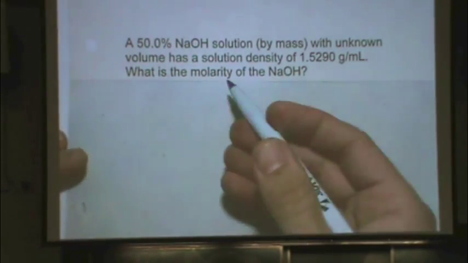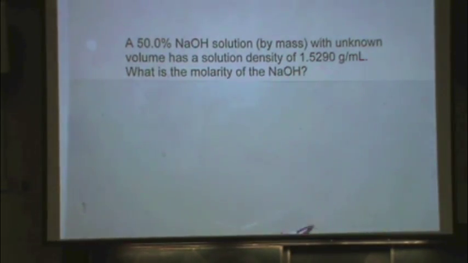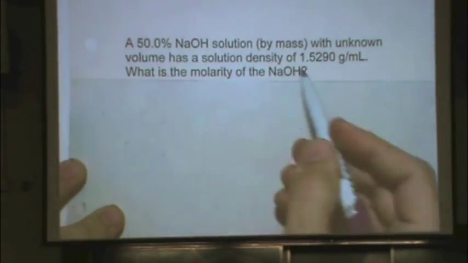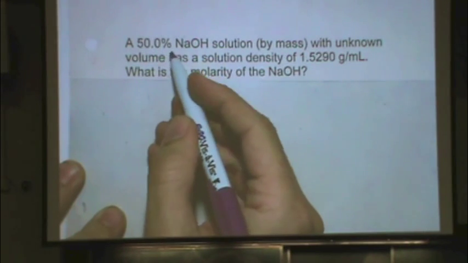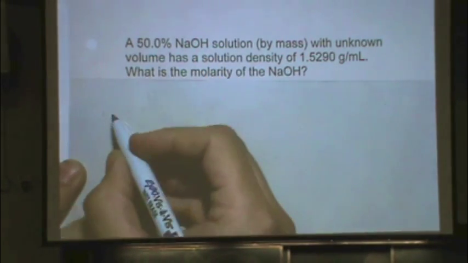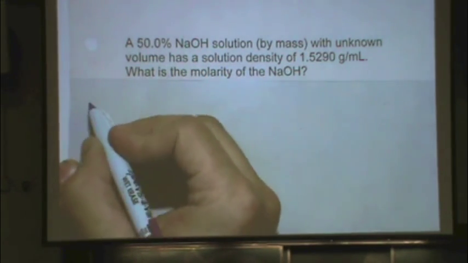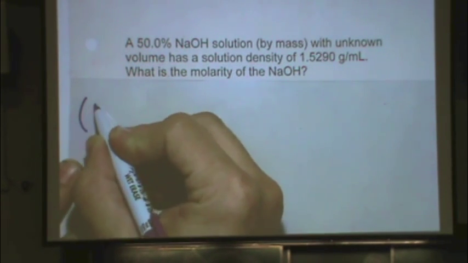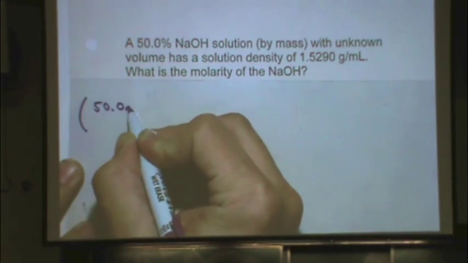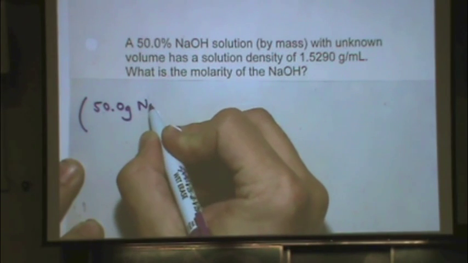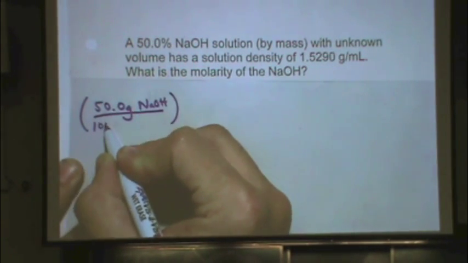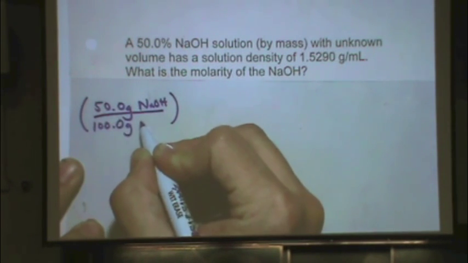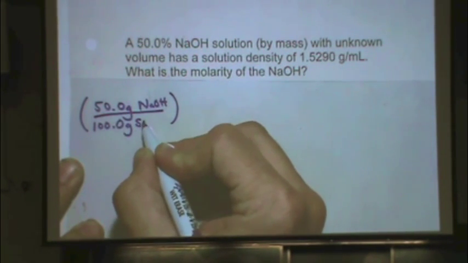I can start with either of these pieces of information. I'm going to start though with a percent, and this is a percent by mass. So just like in the last example, it means there's 50 grams, and I'll write this out, of sodium hydroxide per every 100 grams of solution.